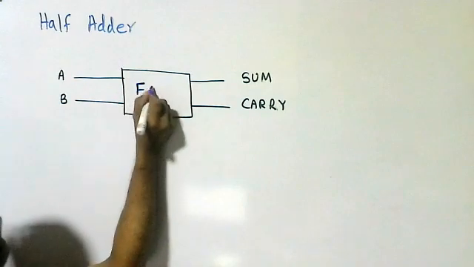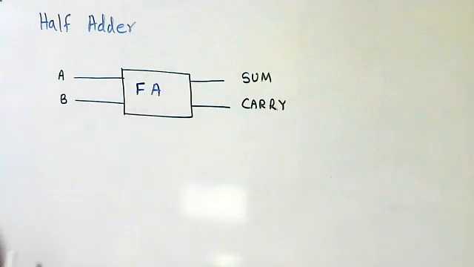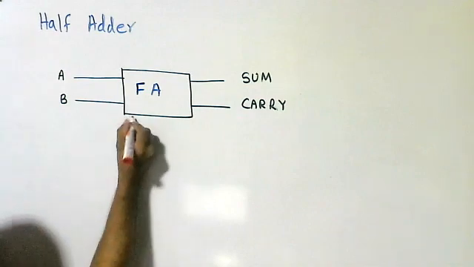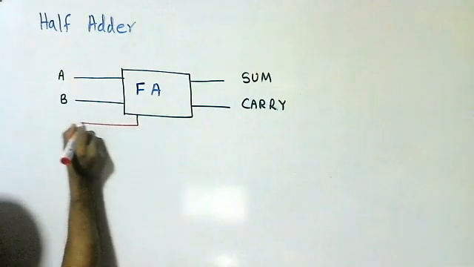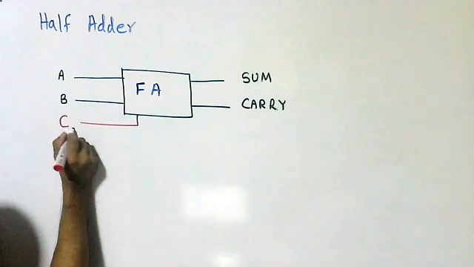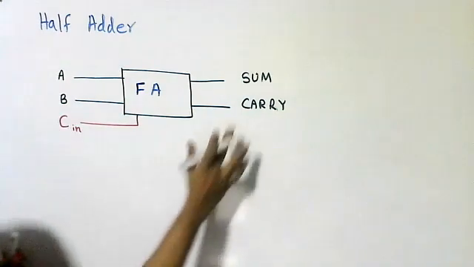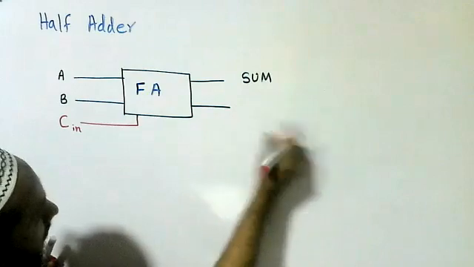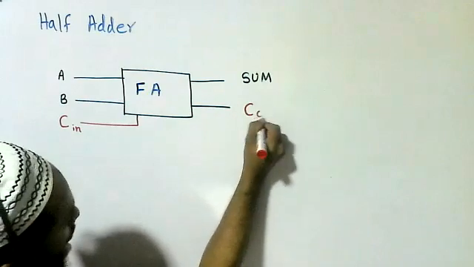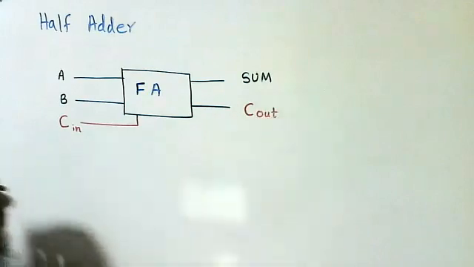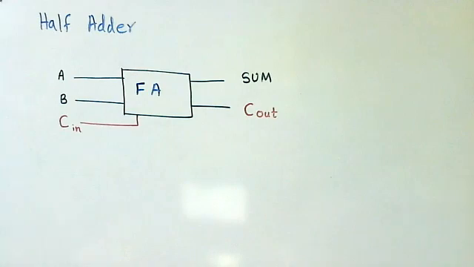This is full adder, and carry in is there. We call it C in. Because of that, we can take this one as carry out. That's all. This is the simple diagram for full adder.